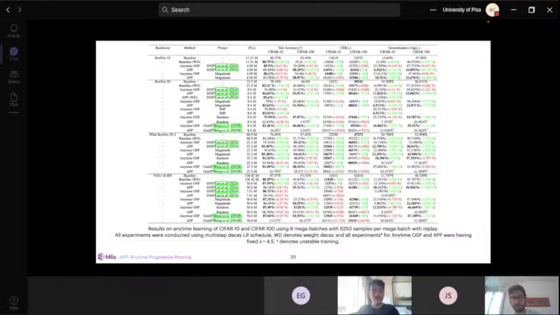So for example, if you go to ResNet 50 and you see the row for APP and compare it to baseline, for CIFAR 100, the generalization gap for APP actually drops by 33%, which we consider very significant. And this trend is observed in all of our results, that APP is able to keep the generalization gap as low as possible as compared to both OSP and the baseline trained network.